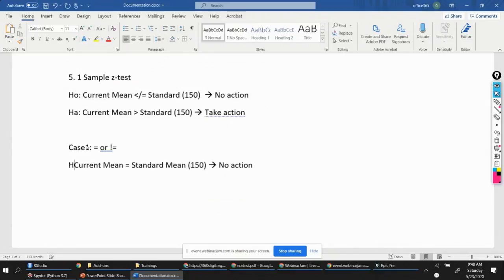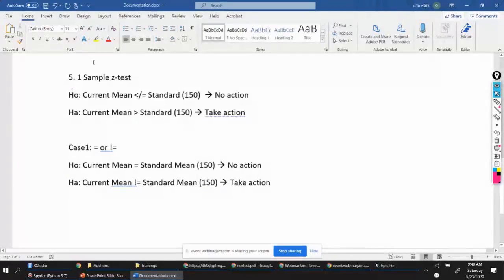So your null hypothesis says mean is equal to standard mean. And here I say mean is not equal to standard mean. Here, yes, I need to take action to find out which is greater, basically because the mean is not equal, right?